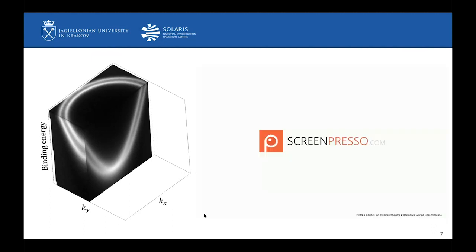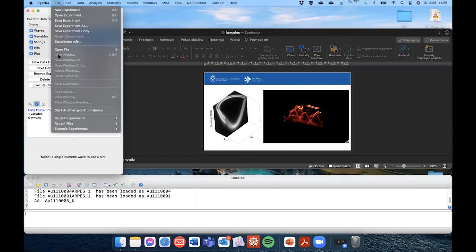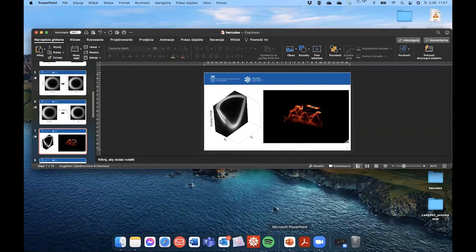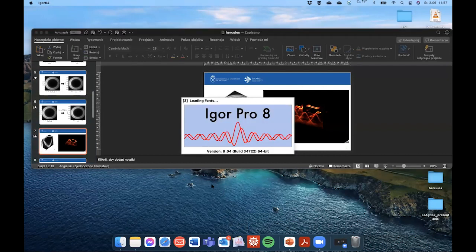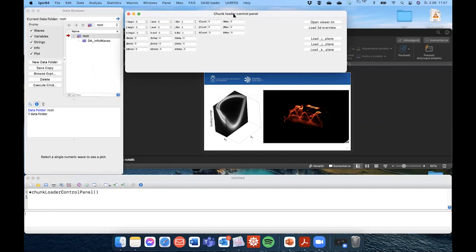Okay, so let's use Igor once again. I will start a new instance. And let's load our three-dimensional data.